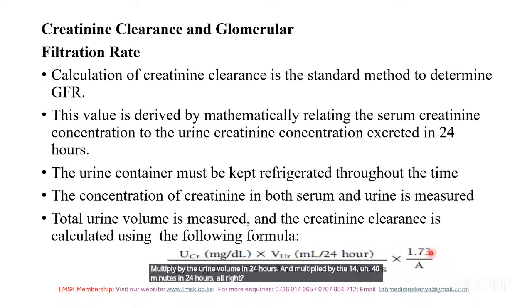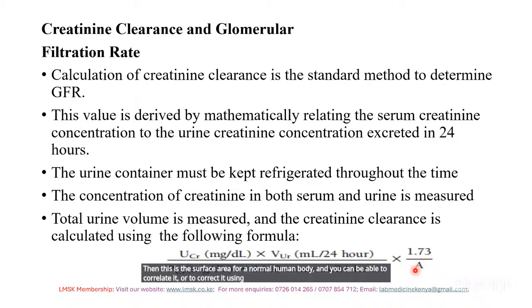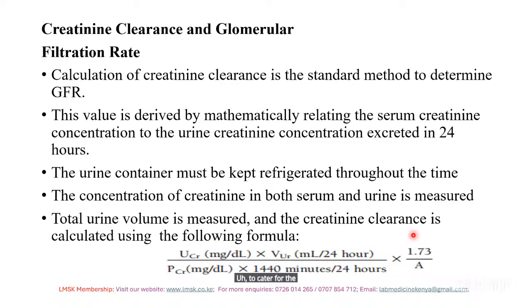Then this is the surface area for a normal human body, and you correct using some constant here to cater for the different body masses or surface areas of different people.